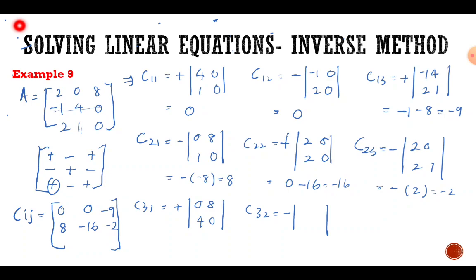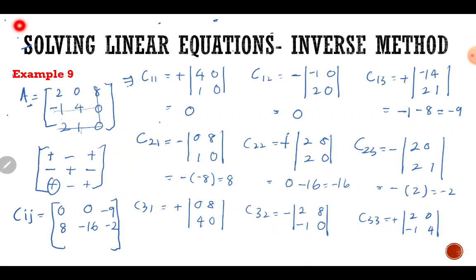So kita dapat 28 negative 10, 28 negative 10, and then C33 we get positive. Okay, positive of third row, third column. So we have 20 negative 14, 20 negative 14.